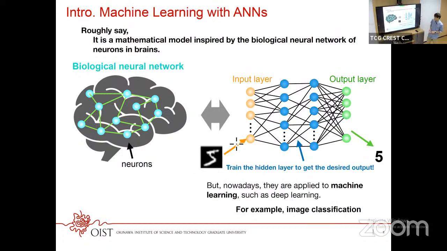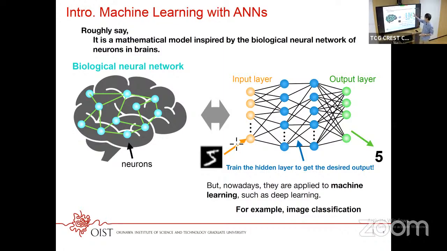Now, in deep learning, we have an input layer and an output layer. The input layer is for us to input the information. For example, let us consider image classification as a simple task. Here I'm showing some images. This is the number 5.